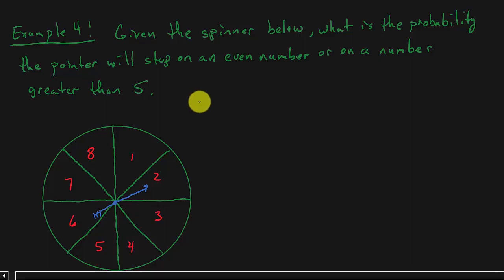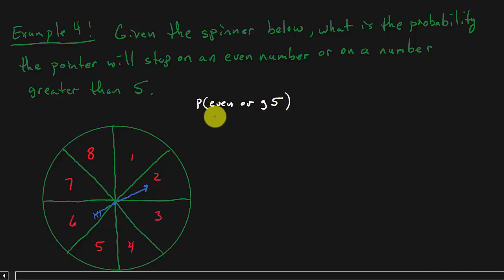All right, so the probability even or greater than 5. I'm going to abbreviate greater than 5 as G5.